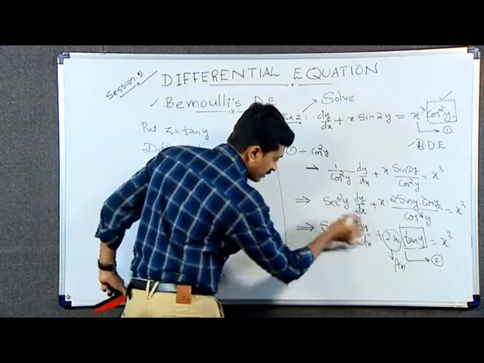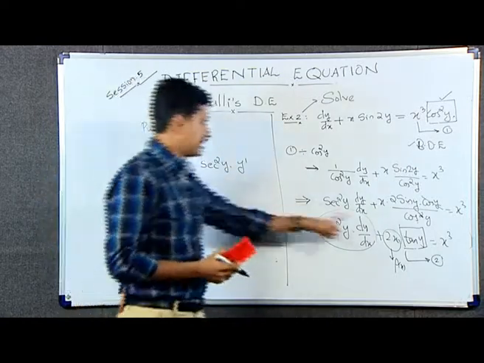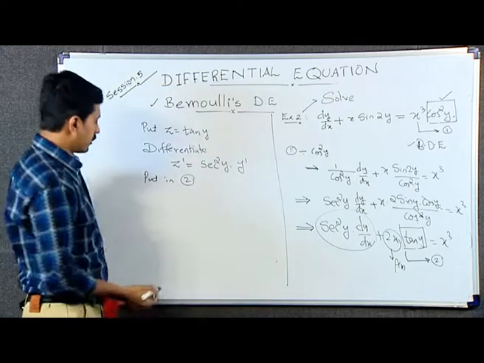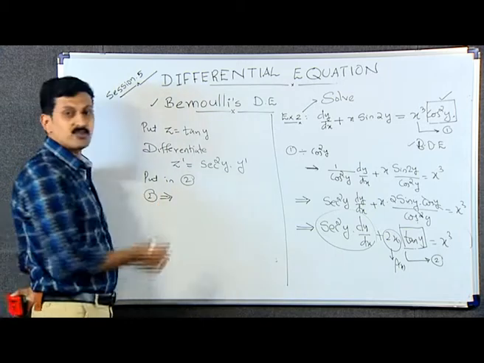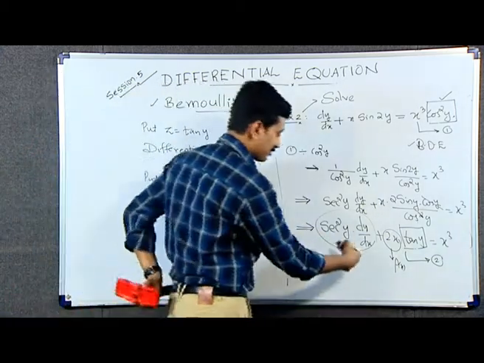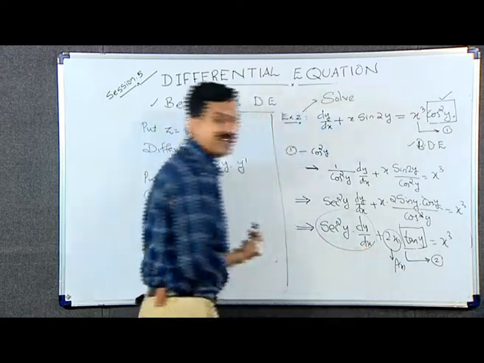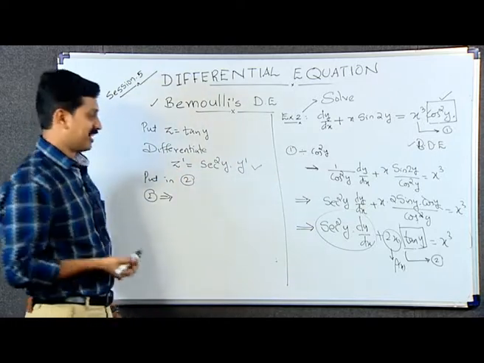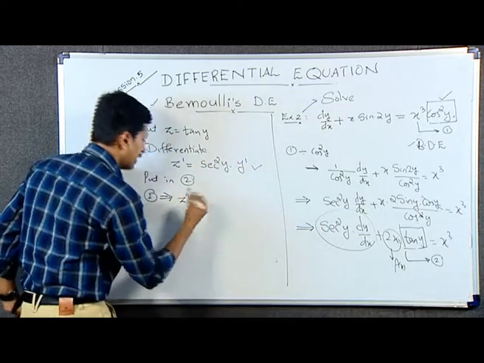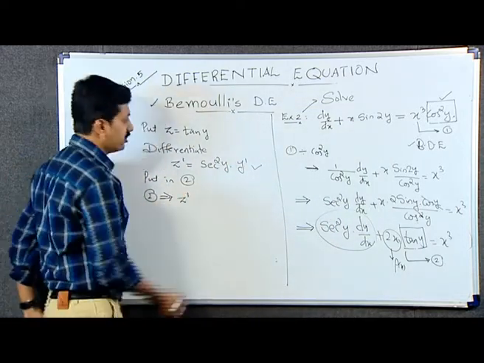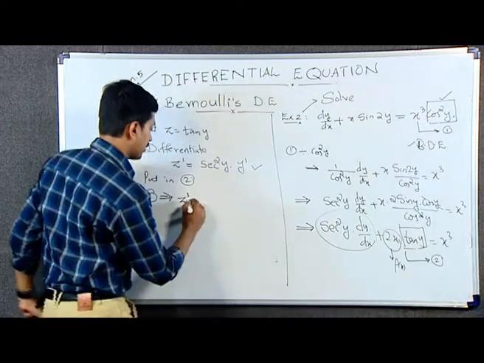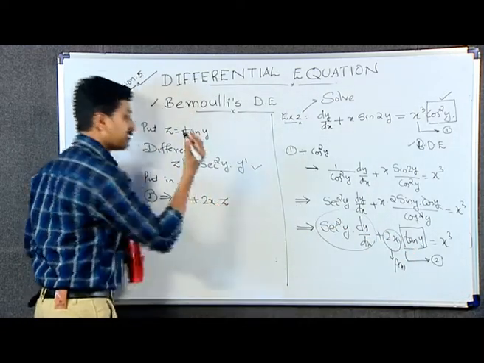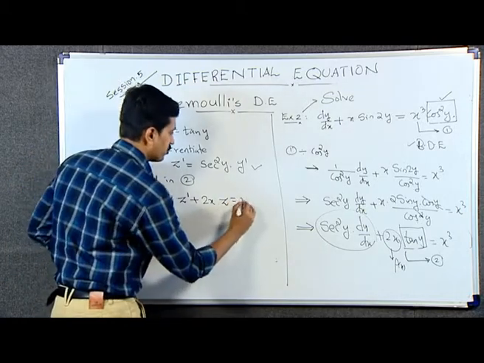In equation 2, the first term is sec square y into dy by dx, which we replace by z dash, plus 2x into, instead of tan y we substitute z, is equal to x cube.